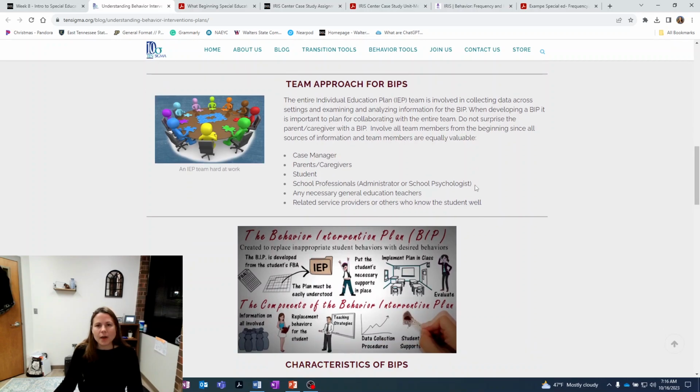And just like when you have an IEP team, most of the time the same IEP team would be helpful to help you gather information, especially if you see a behavior accompanying someone that is receiving special ed services, right? So it's not surprising that you would involve all those team members. Okay, so here's some examples of team members that can help you, and that would be part of that behavior intervention plan team.